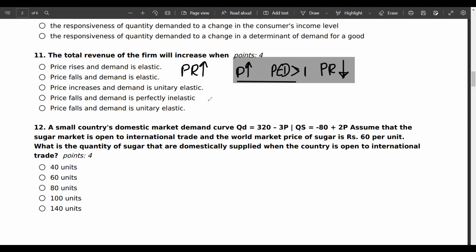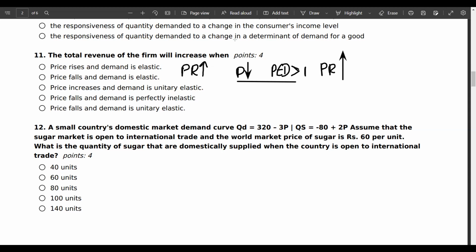Then if you look at the second answer, same situation, the product PED is still the same type, greater than 1, elastic in nature. And they are saying price is dropping. When price drops for a product which has elastic demand, like pizzas and luxury goods, there's a discount, a drop in price. Demand would increase in a very huge way, leading producer revenue to go up.